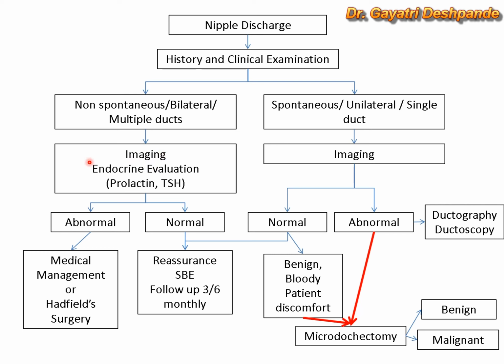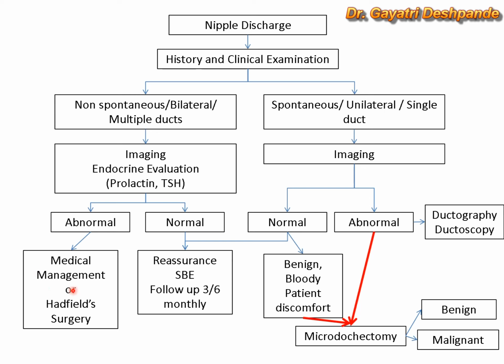However, an endocrine evaluation including prolactin and thyroid function test is mandatory. If it's normal, then the patient should be taught about self-breast examination, should be reassured and followed up every 3 to 6 monthly. However, if the hormonal workup is abnormal, the medical line of management is opted as required.